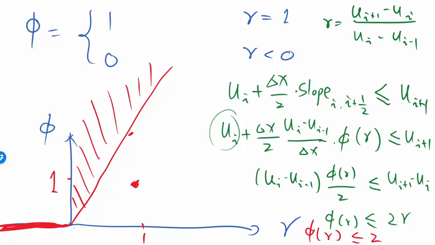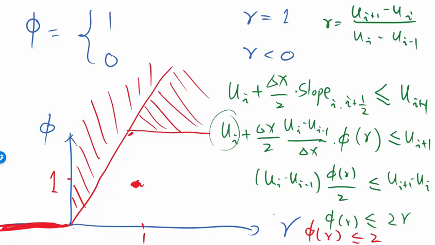So this is the value of 2, and that puts a constraint saying that this region is also forbidden, and that extends all the way to infinity. And then there are other constraints on the limiter, not for the TVD purpose, not for the total variation diminishing purpose, but for the purpose of being a second order scheme. For example, the value of phi has to be equal to 1 when r is equal to 1 is a constraint on being a second order scheme.